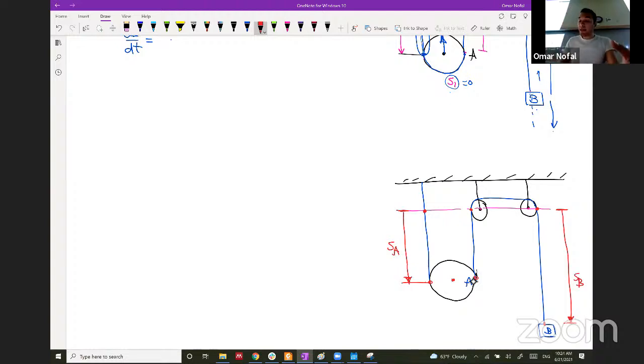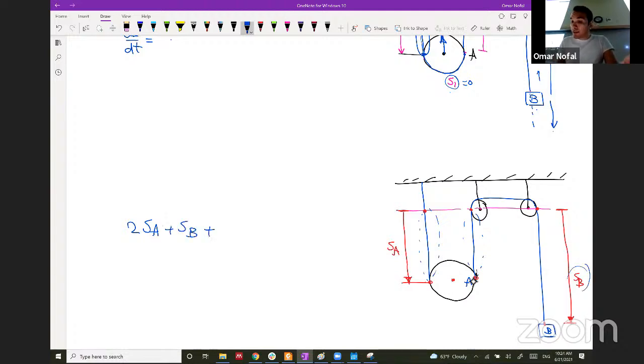And rather than getting the length of the rod, let's get the length of the rod. So the length of the rod will be this variable length, and we have two of them, so it will be 2 SA, and we have another variable length, which is SB.